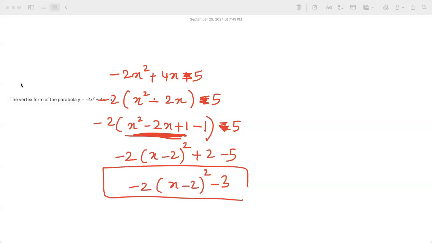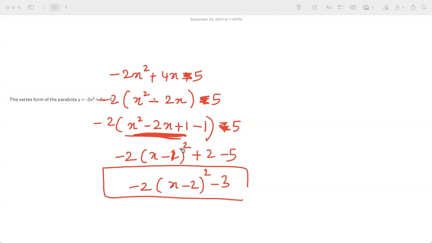Did you guys get it? Miss Priya? Shouldn't it be x minus 1 squared? Because if it was x minus 2, instead of 1, you would have written 4. x minus 1 the whole square minus 3, correct.